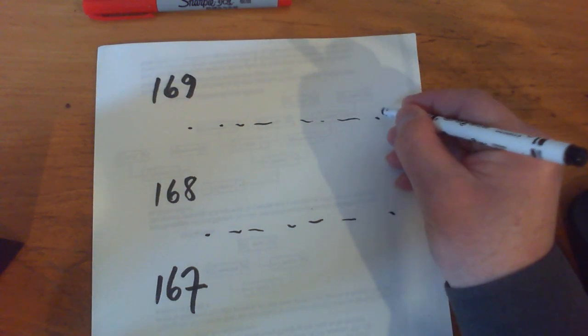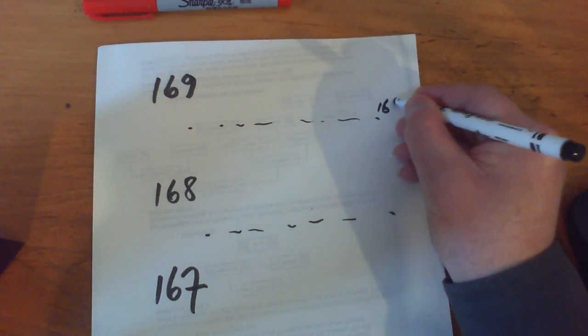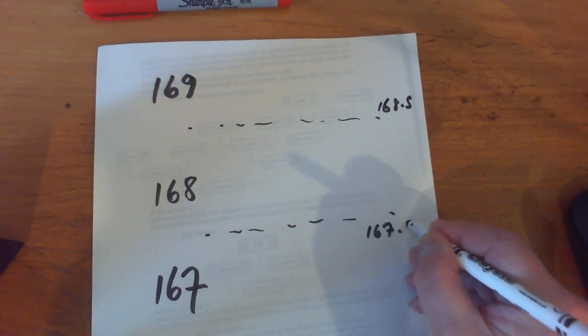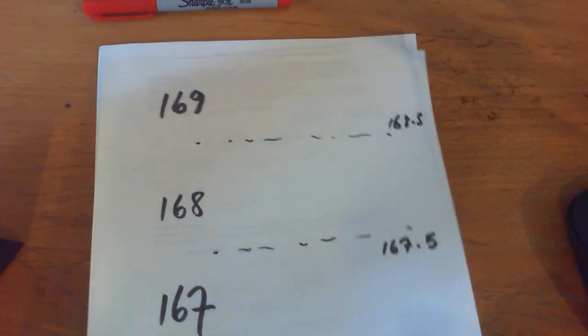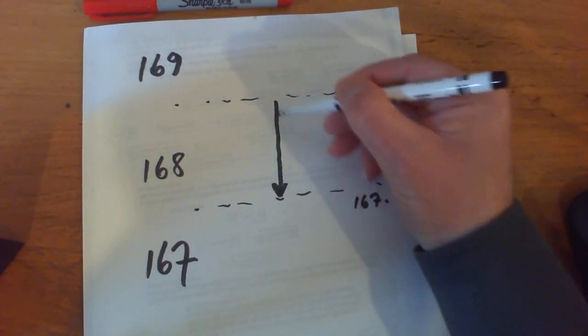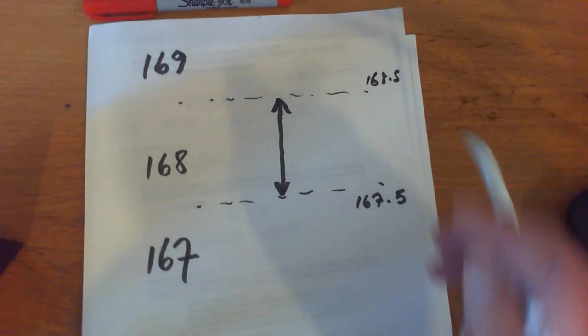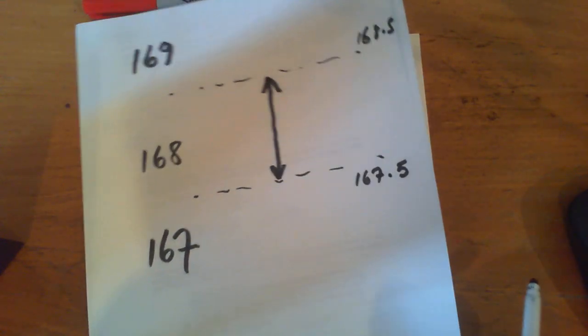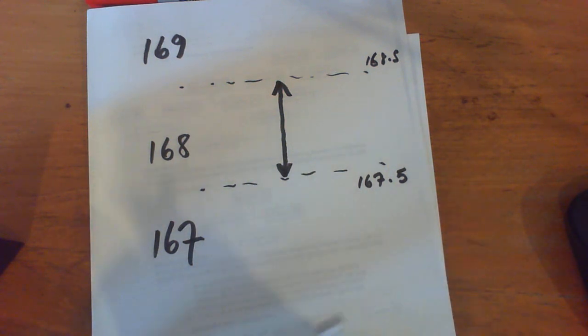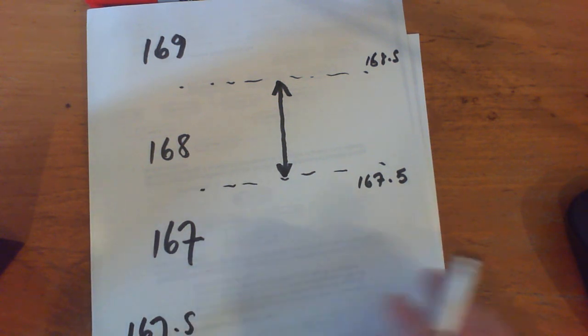So that line would represent 168.5, and that line would represent 167.5. Now, what range of values would be reported as 168 centimeters in height? Again, if I just quote it, it's going to be given by this expression.